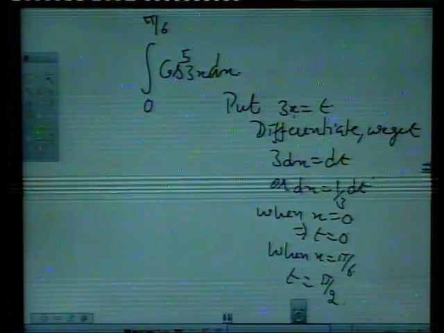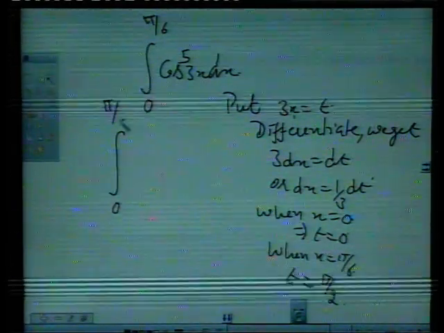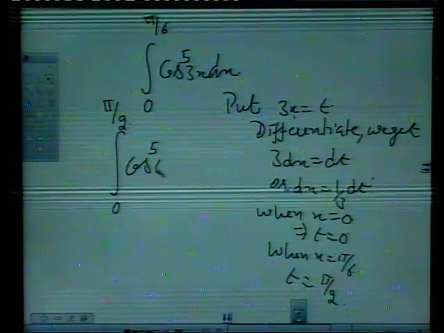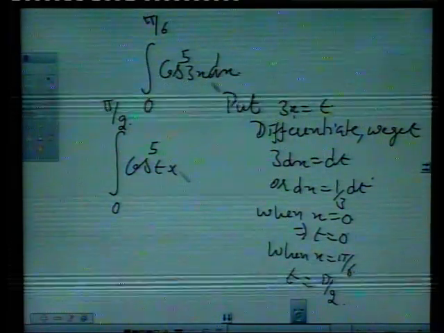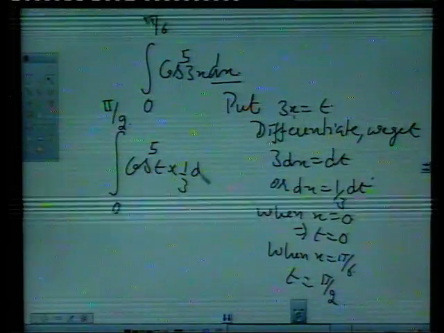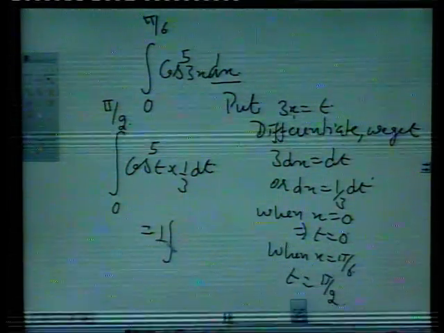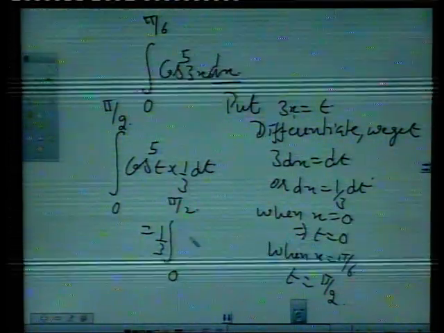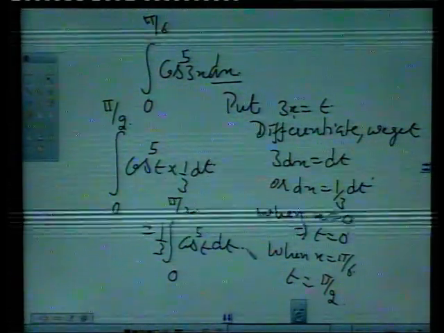So now the new form is 0 to pi by 2 cos t raised to power 5 into dx, 1 by 3 dt. So keep 1 by 3 outside, 0 to pi by 2 cos 5t dt, right.